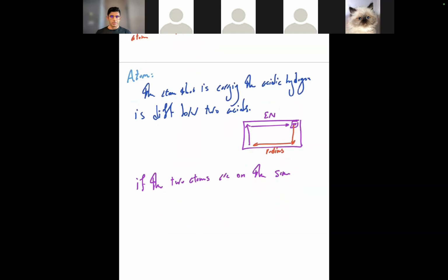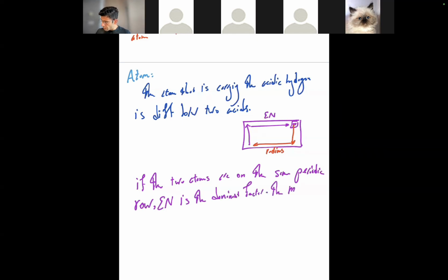But here's the thing. On the same row, electronegativity is the dominant factor, and on the same column, radius is the dominant factor. So if the two atoms are in the same periodic row, electronegativity is the dominant factor.